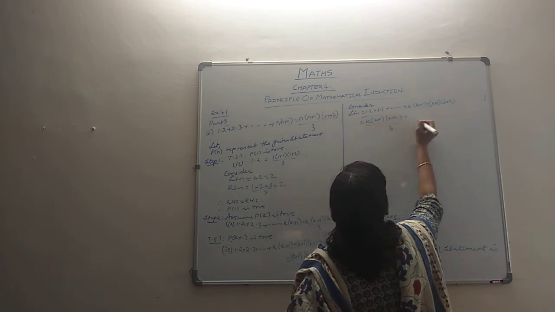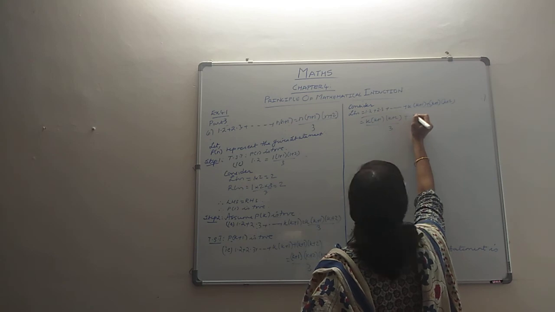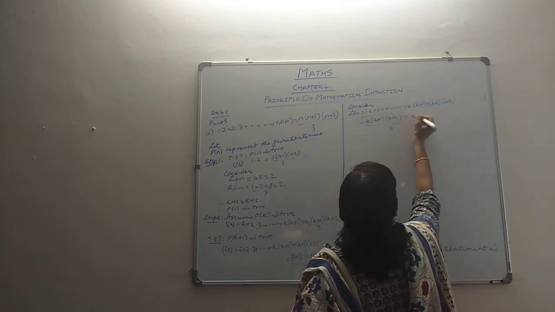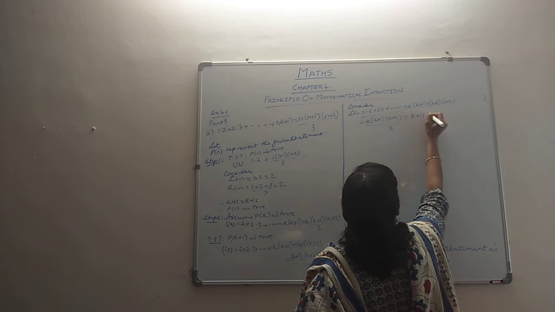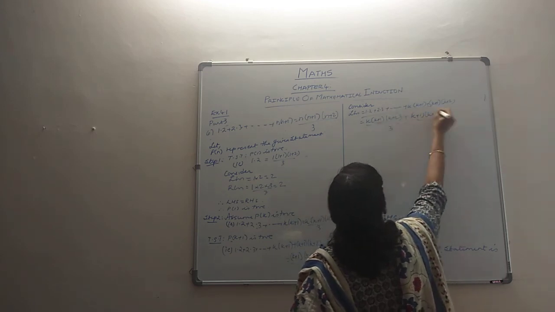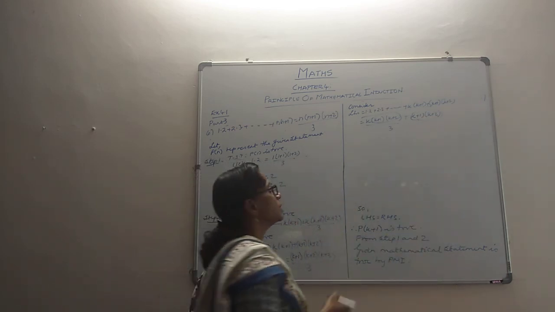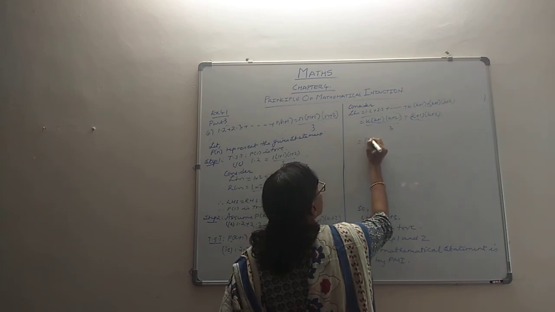Here we have k plus 1 and k plus 2 in both terms, so we can take k plus 1 and k plus 2 common.